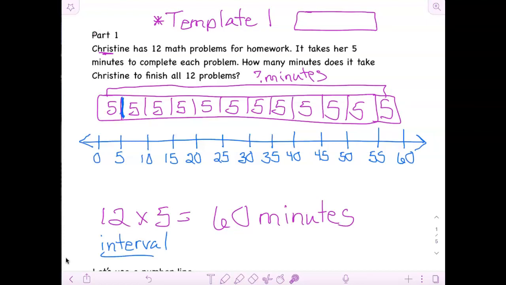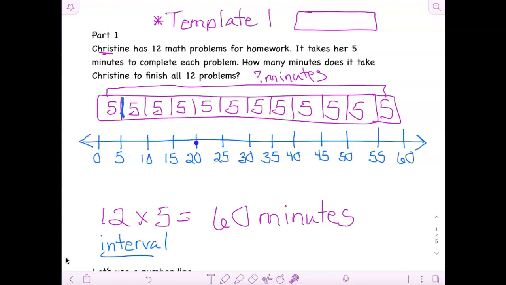Let's use the number line to find how many minutes it would take Christine to do 4 math problems. So put your finger on 0, and we're going to go 4 intervals. You can put up a finger for each interval we do until you have 4 up. Here we go. We're going to start at 0, 5, 10, 15, 20.